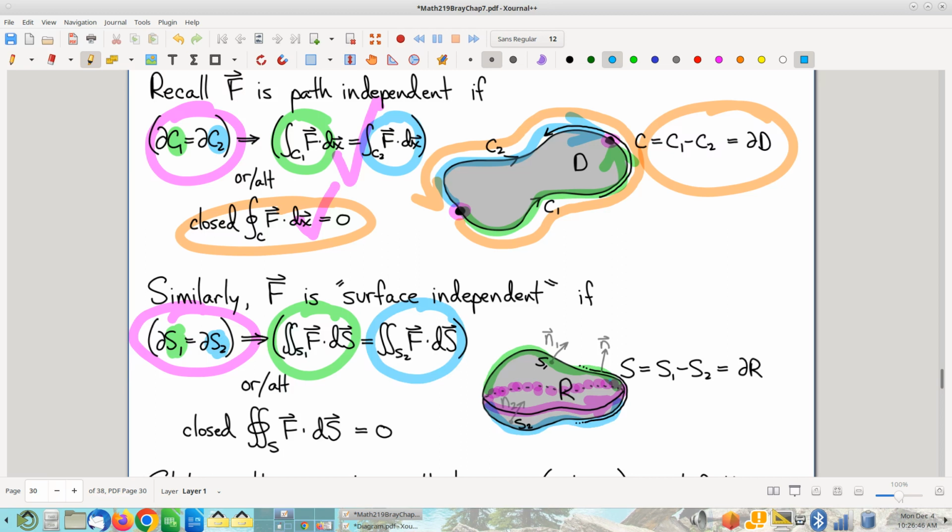Do be careful with the orientations here. Notice in order for them to have the same shared boundary, I need S1 to be oriented that way, and I need S2 to be oriented that way.